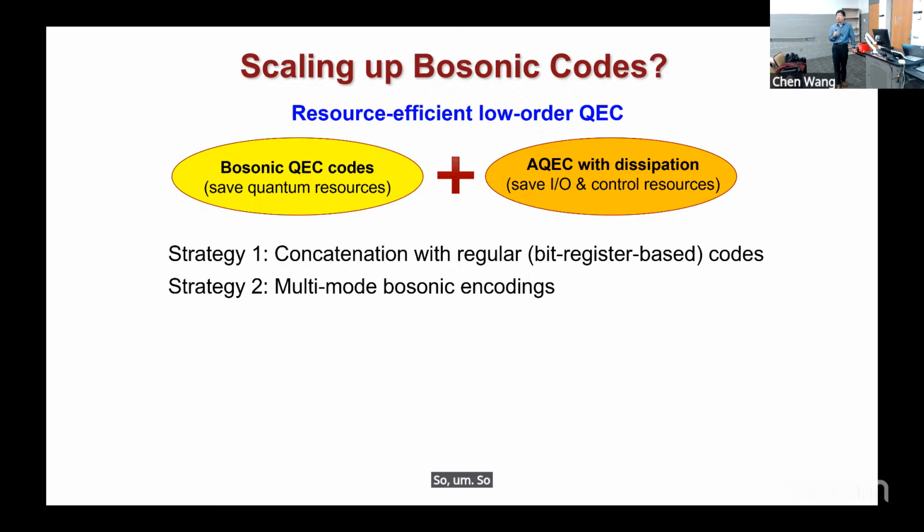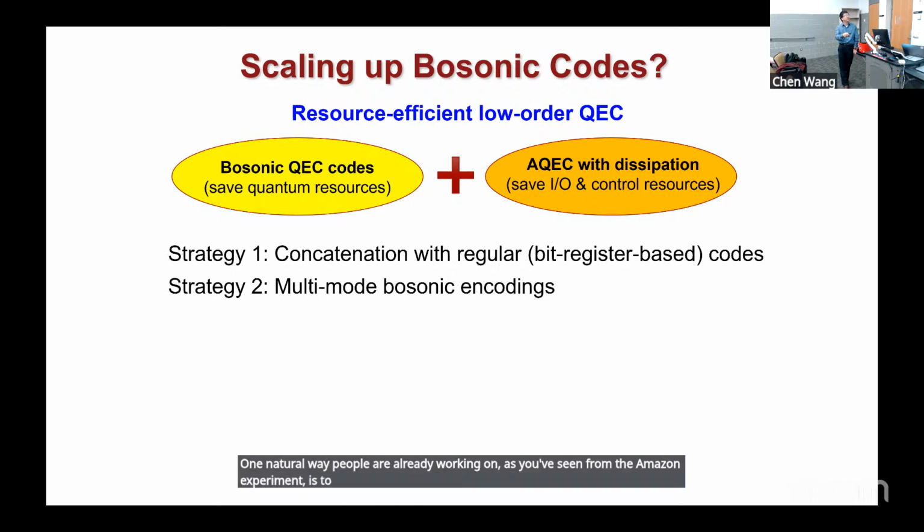Once we have a bosonic encoding on a single cavity, one natural way people are already working on, as you've seen from the Amazon experiment, is to concatenate with regular bit register-based codes.